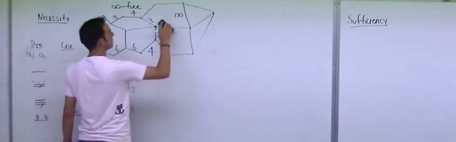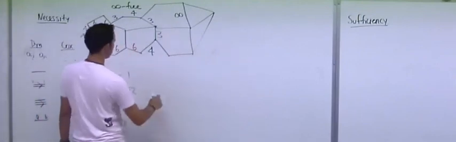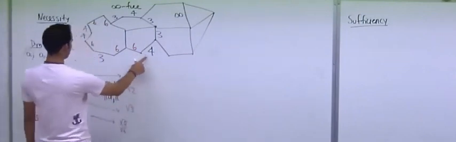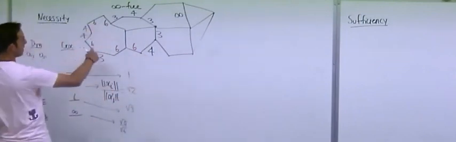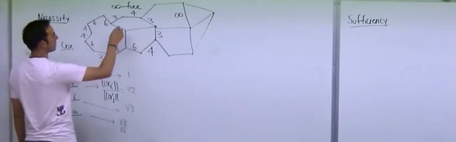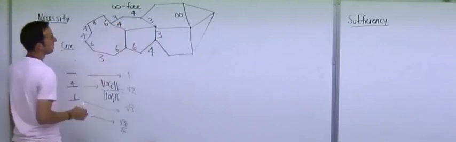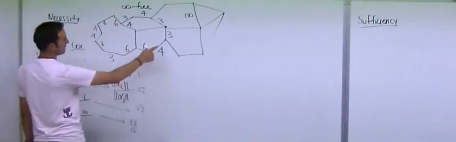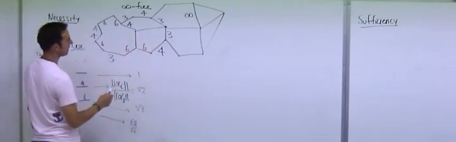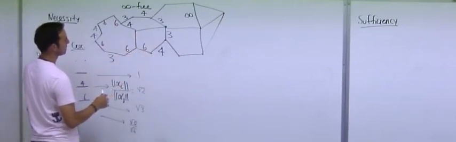And so, let's say, what's bad? This cycle is fine. This cycle needs another 4, so let's put a 4 here. This cycle needs another 4 and another 6. So I'm kind of in trouble.